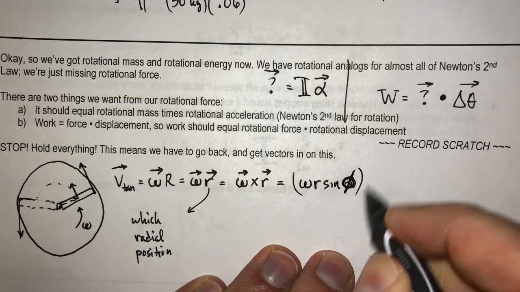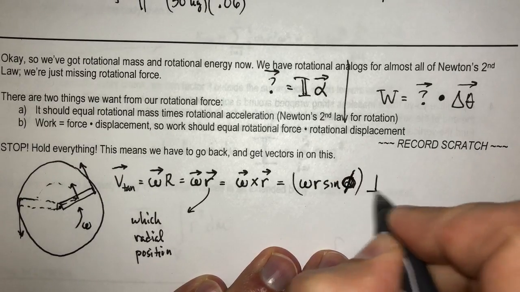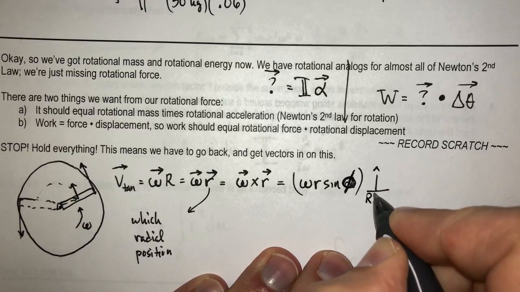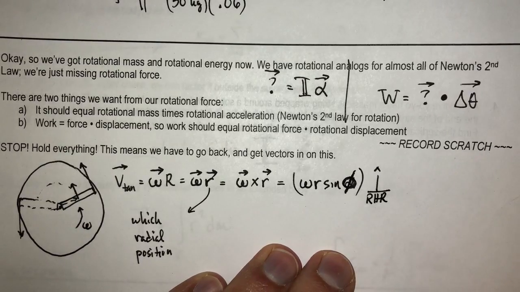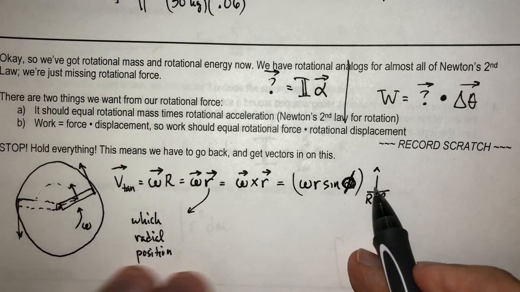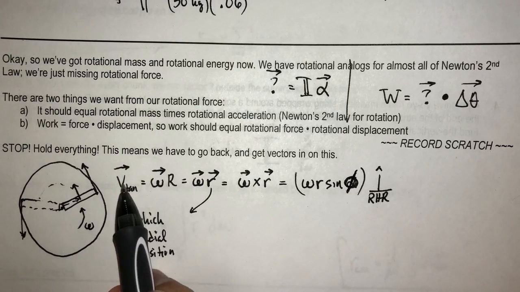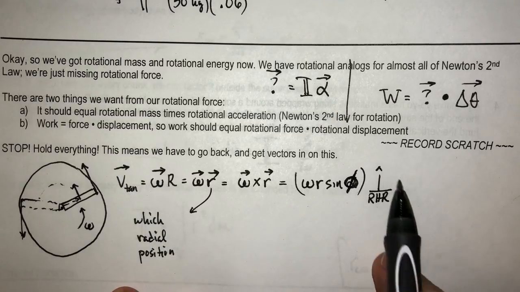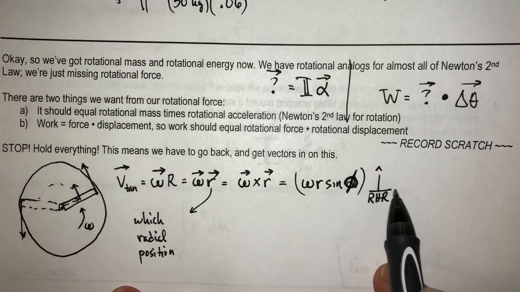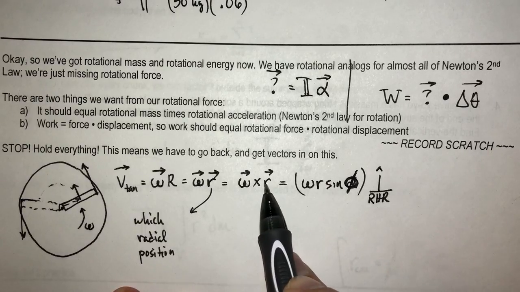And that's the magnitude of the result in a direction perpendicular to both of them, according to the right-hand rule. Okay, so the tangential velocity, we're saying, hypothetically, hopefully, needs to be in a direction perpendicular to both omega and r.